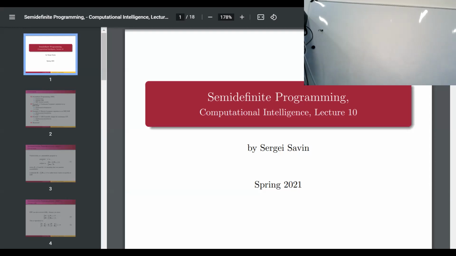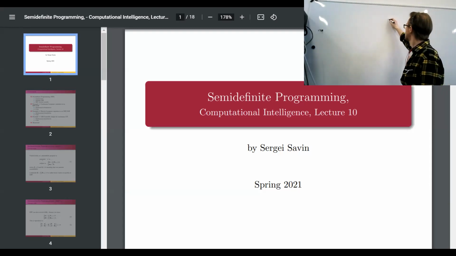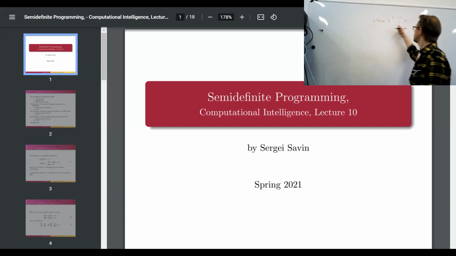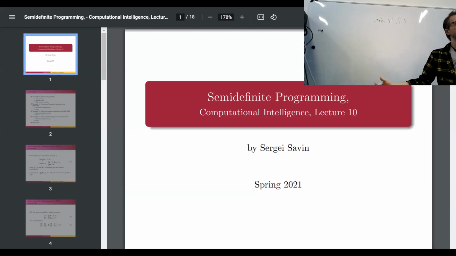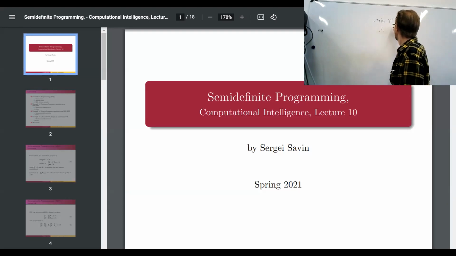So let me just show you the difference about using them as variables. Let's say I ask you to minimize this function. Oh, the minimum is at 0, right? So let's say subject to constraints.